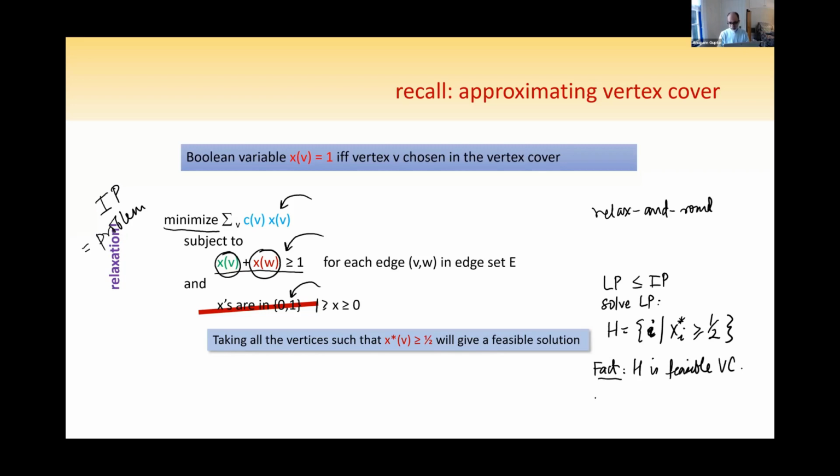It is a vertex cover. And then the second fact is that the sum of costs is at most 2 times the LP cost. This just follows from the fact that every vertex in H was at least 1/2.